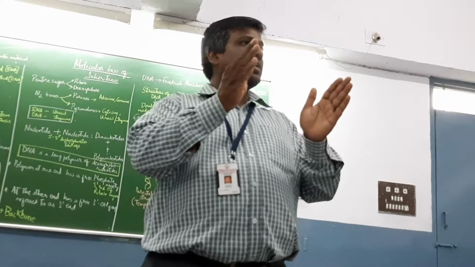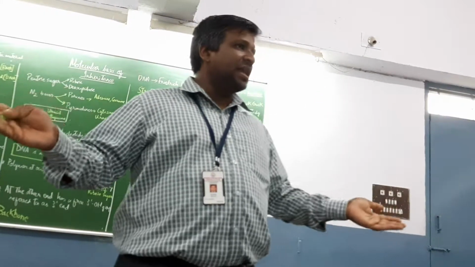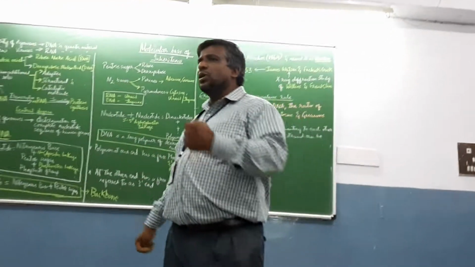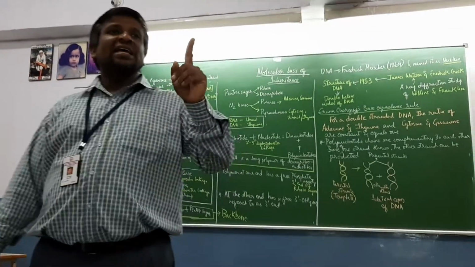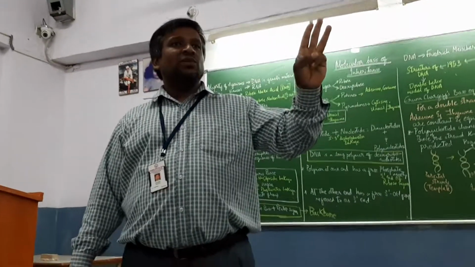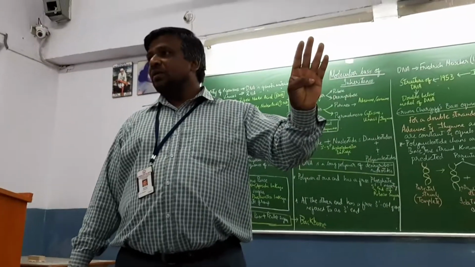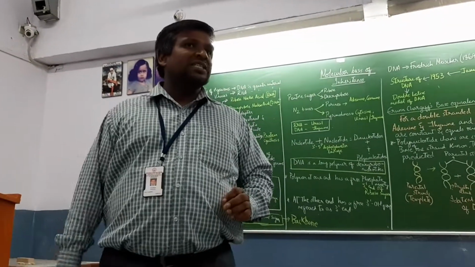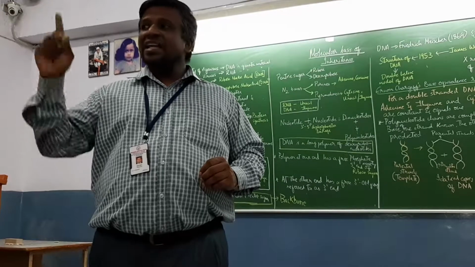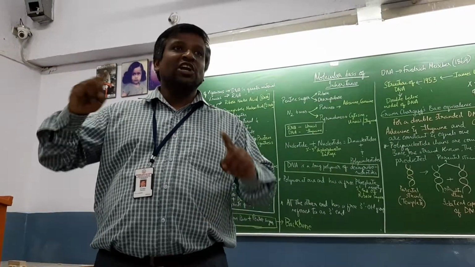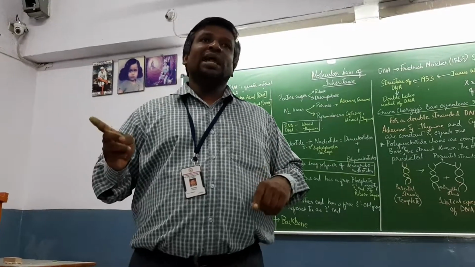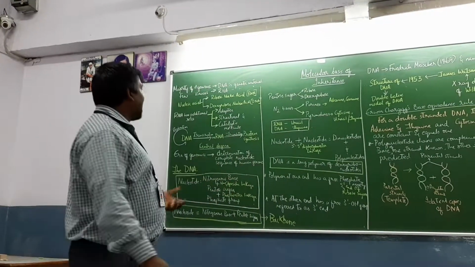Apart from that, what are the nitrogenous bases found in DNA? Adenine, guanine, cytosine, thymine. What are the nitrogenous bases found in RNA? Adenine, guanine, cytosine, uracil. Instead of thymine, they have uracil. That's how you know that it is an RNA.